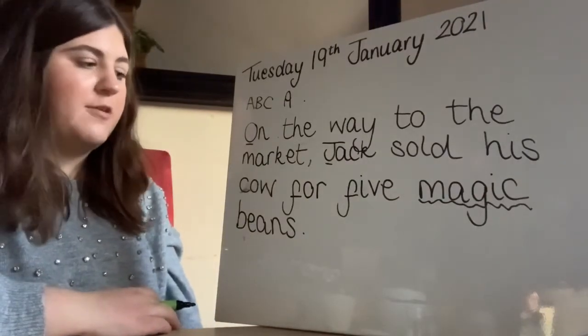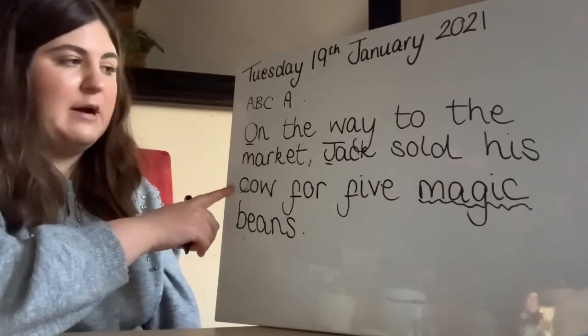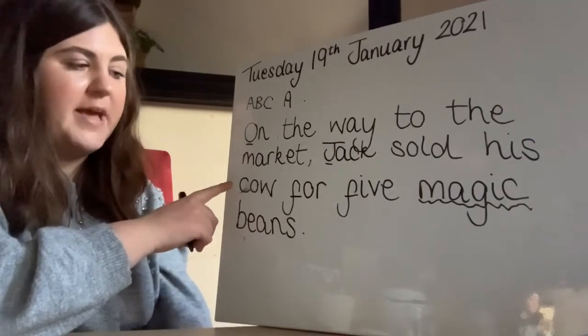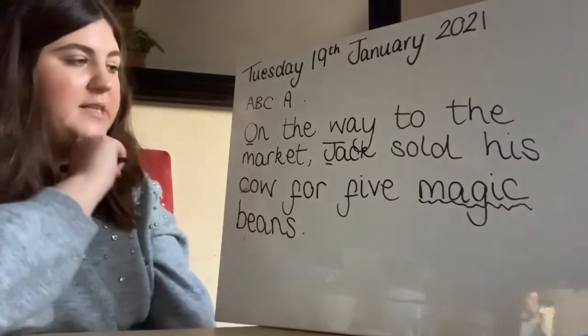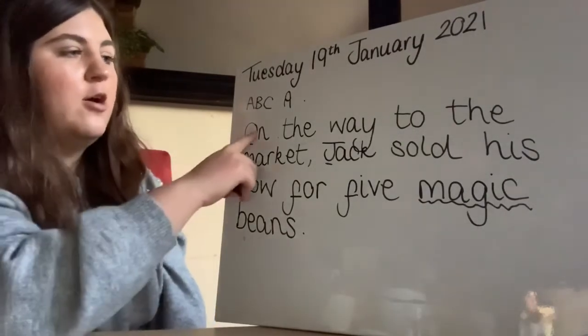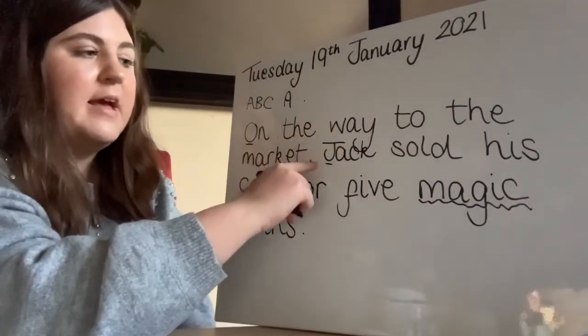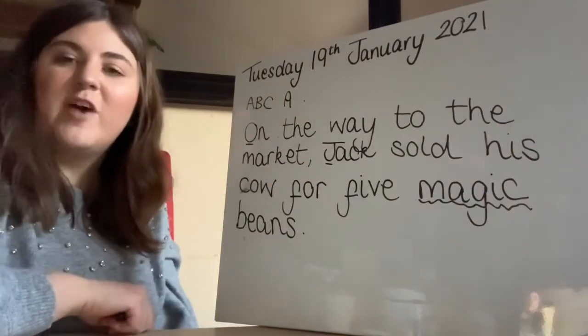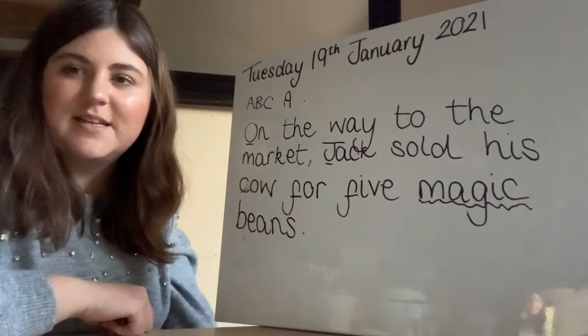You could also add in big cow. You could write, on the way to the market, Jack sold his big cow for 5 magic beans. Or you could say, on the way to the market, lazy Jack sold his big cow for 5 magic beans.